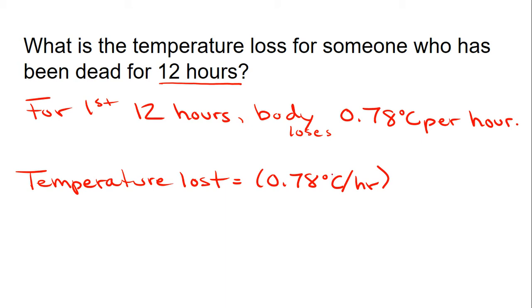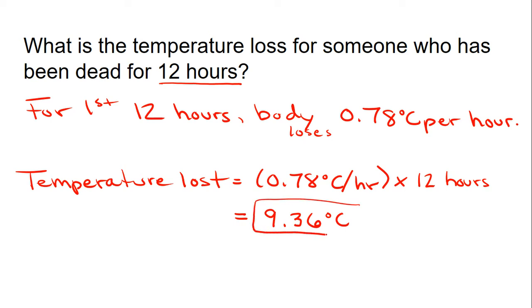But just know that since it's Celsius per hour, if we multiply it by a number of hours, like 12 hours, we would be able to find out how many degrees were lost. In this case, if you put that in a calculator, you're going to get 9.36 degrees Celsius. So this is going to be a magic number that we compare to see if they've been dead less than 12 hours or more than 12 hours.